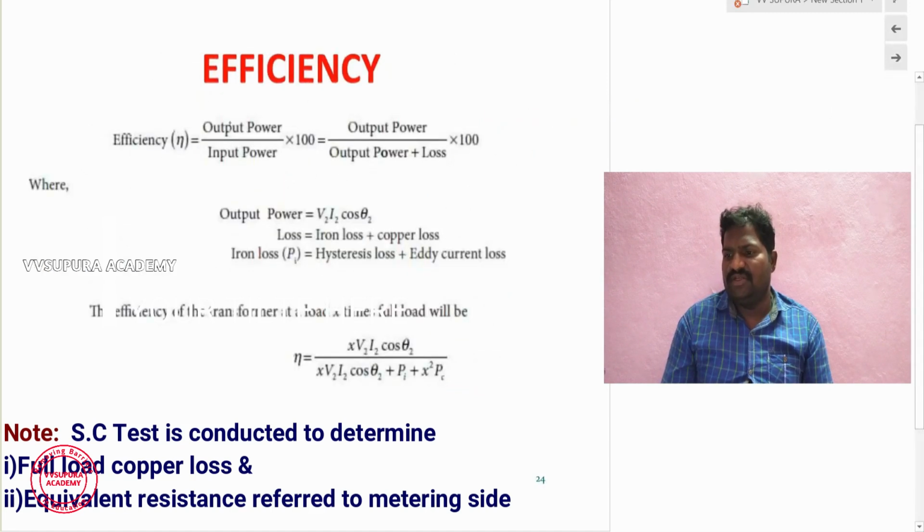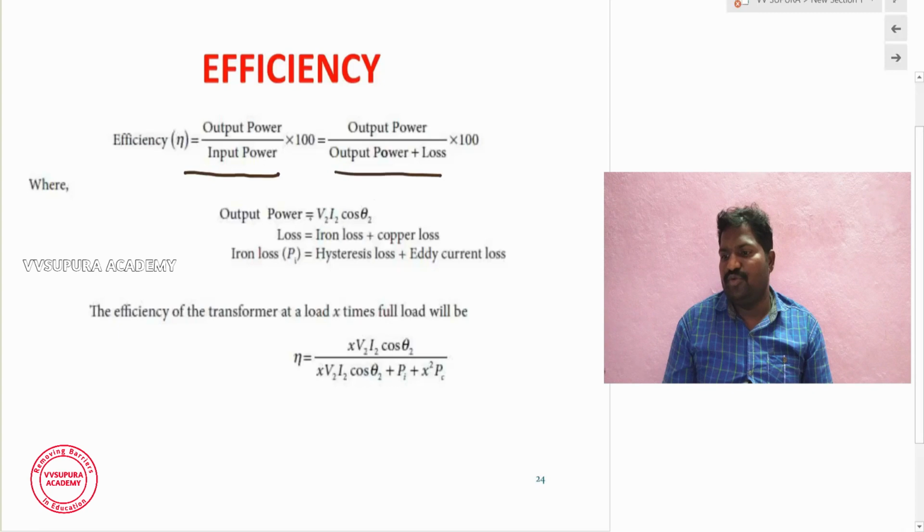The efficiency is output power by input power into 100, that is output power by output power plus losses. The output power is V2 I2 cos phi 2: secondary side voltage, secondary side current and secondary side power factor. The losses are iron losses plus copper losses.